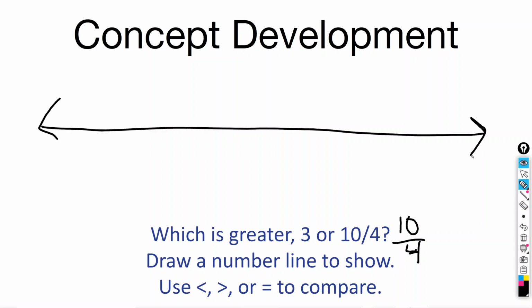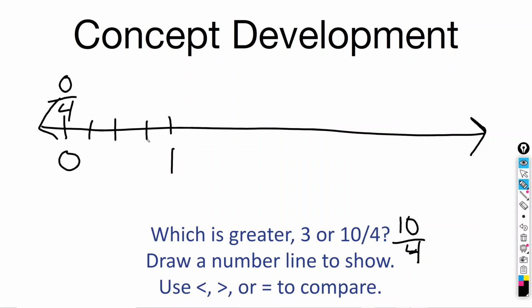I'm just going to go ahead and start at 0. And I know that 0 is the same thing as 0/4. And then I'm going to do 1 whole. And I know this has to be broken up into 4 pieces, so I'm going to split it in half and split it in half again.